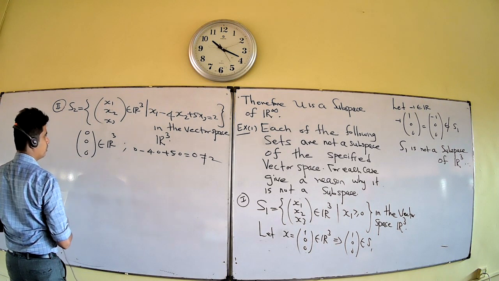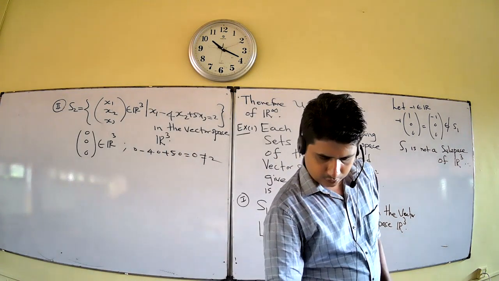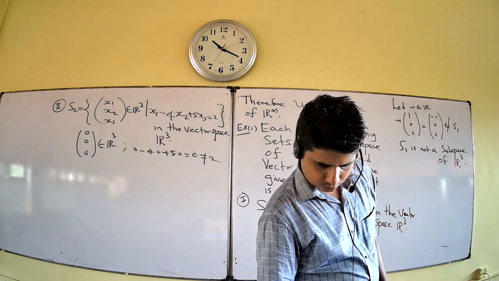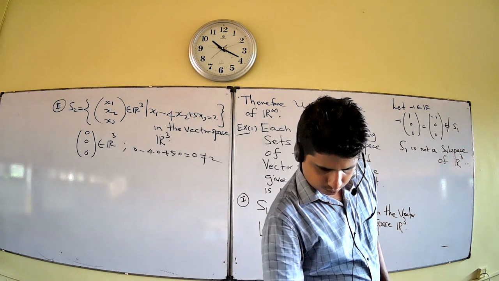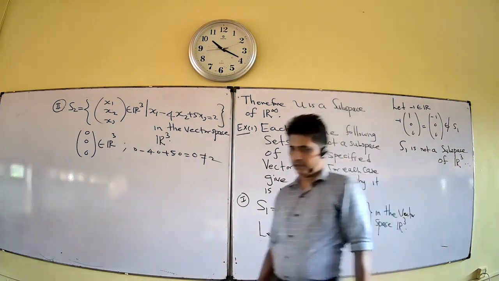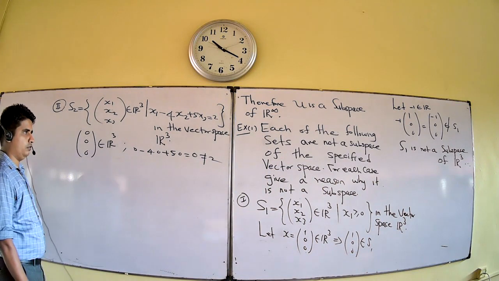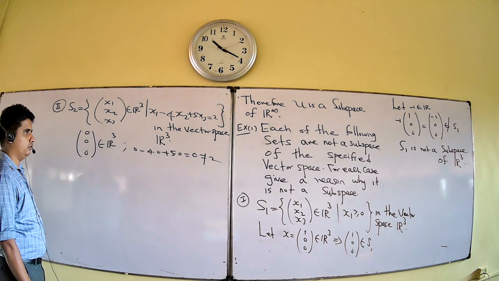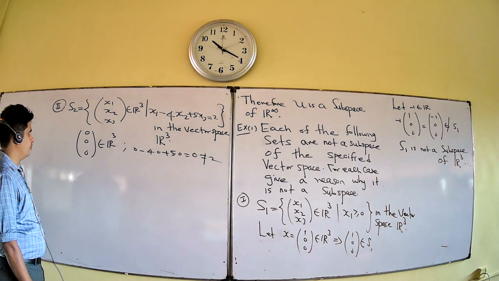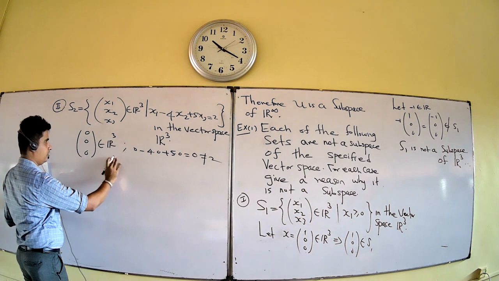So it is not a subspace, no? You know, here (0, 0, 0) belongs to R cubed, right?